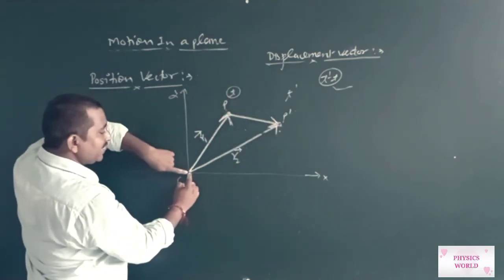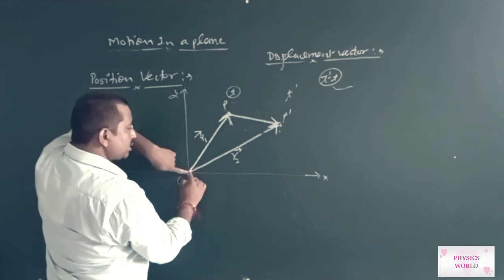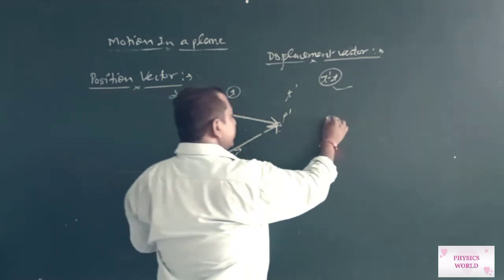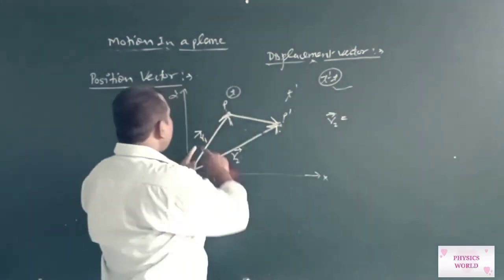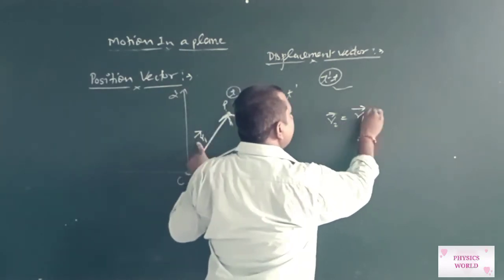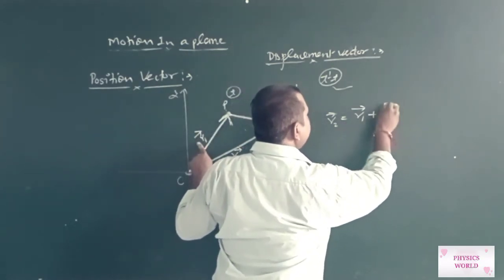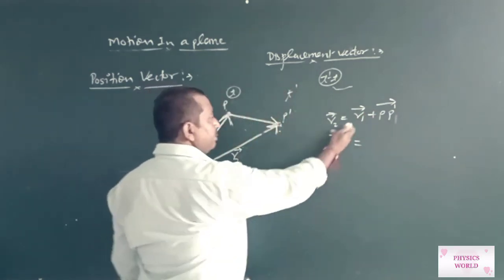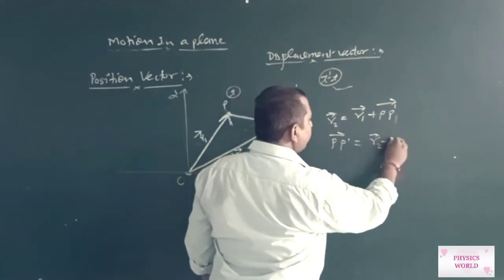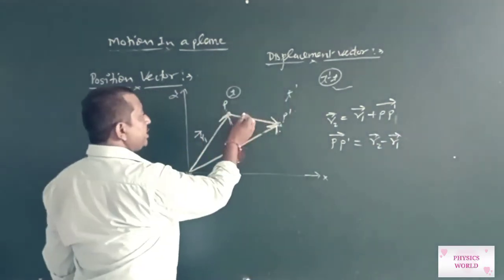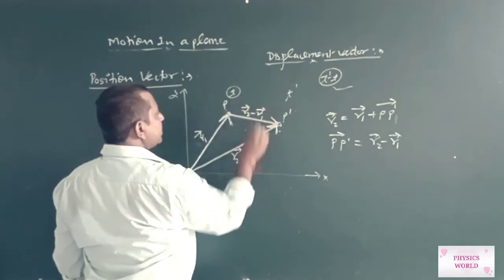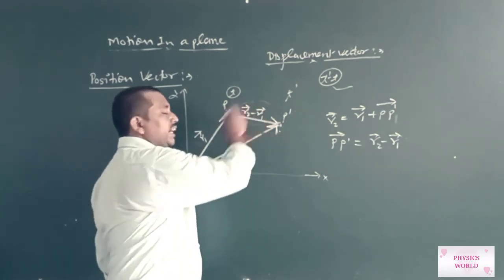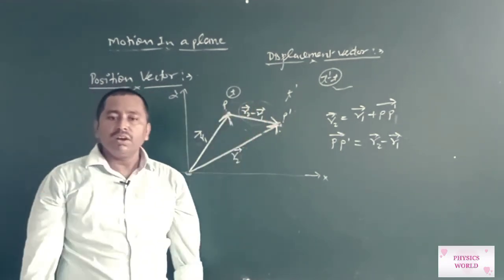If we join a straight line from the tail of the first vector to the head of the second vector, then R2 must be equal to R1 plus PP dash. So the value of PP dash, that is the displacement vector, is equal to vector R2 minus vector R1. So the vector R2 minus vector R1 can be expressed as the displacement vector.